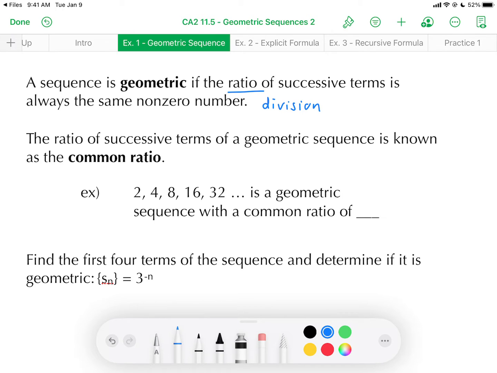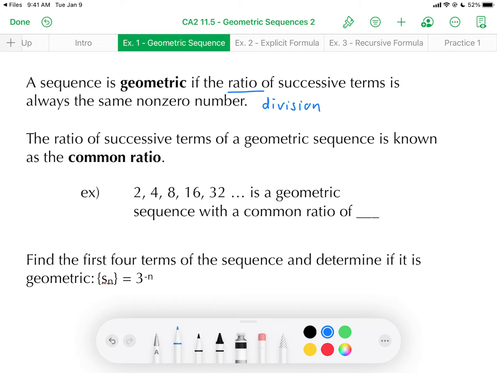So what this is saying is that if I find the ratio from one term to the next, if I divide the second term by the first term, and then I divide the third term by the second term, if that ratio is the same always, then it's geometric.